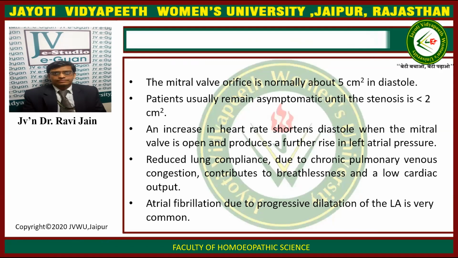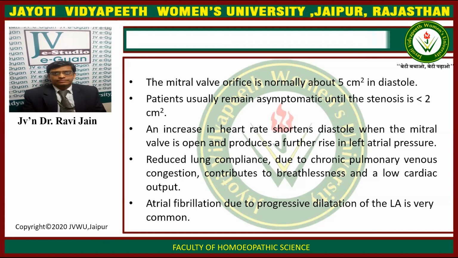The mitral valve orifice is normally about 5 cm square in diastole. The patients usually remain asymptomatic until the stenosis is less than 2 cm square. An increase in the heart rate shortens the diastole when the mitral valve is open and produces a further rise in left atrial pressure.